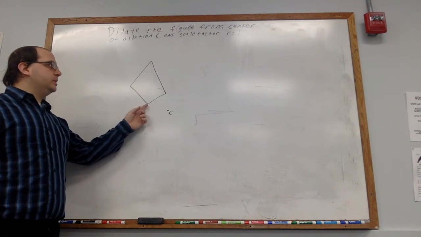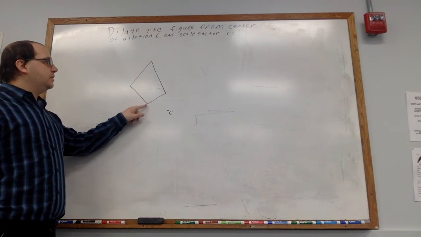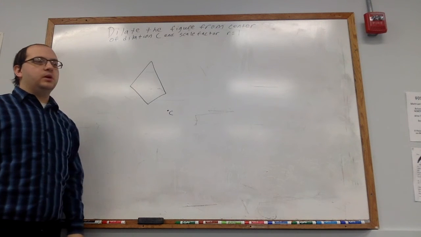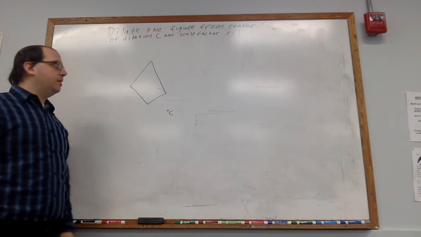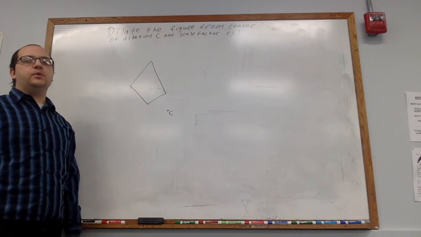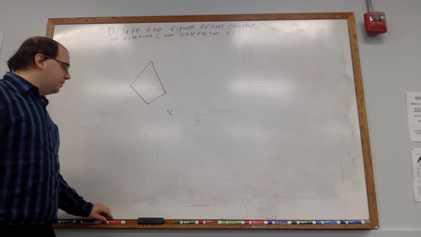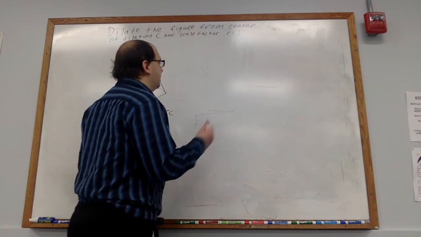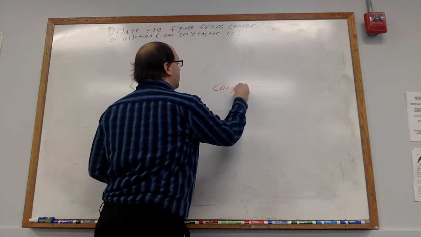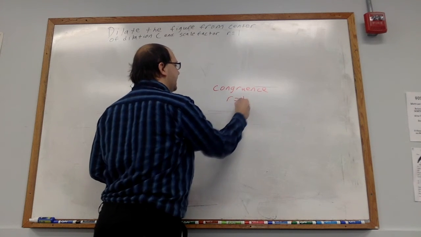So our lines would stay the same length, and our lines would show up exactly where they originally were. So all the vertices would stay the same, and our new figure would be the same figure. Nothing would move. So when this happens, this is known as a dilation of congruence. And that's whenever R is equal to 1.